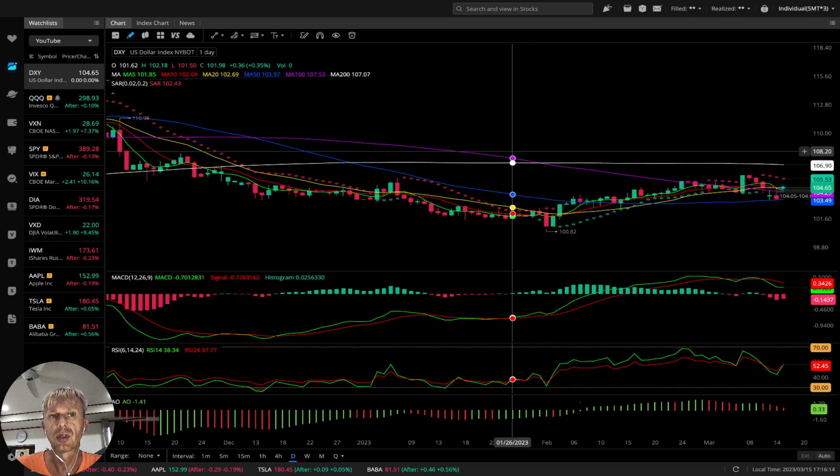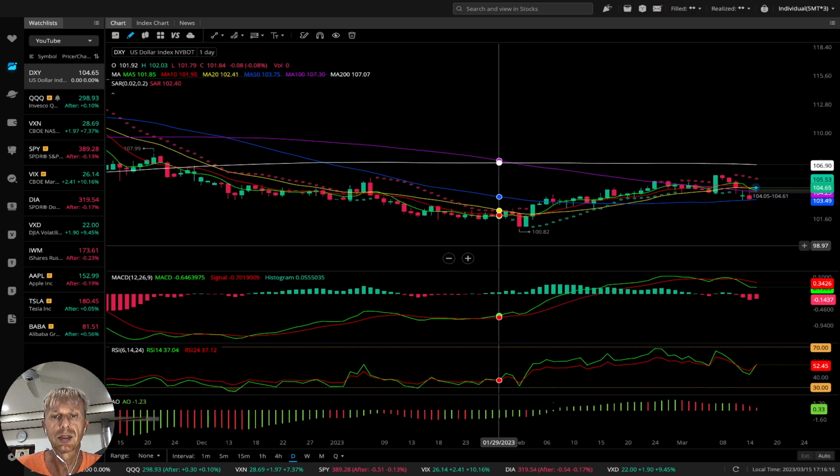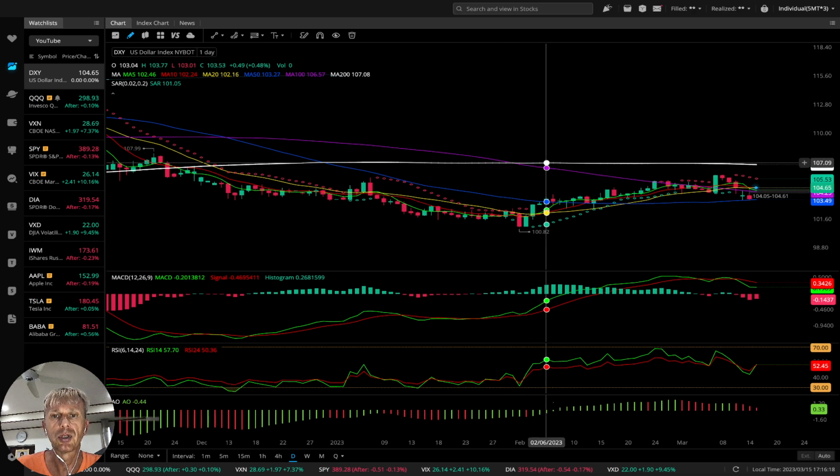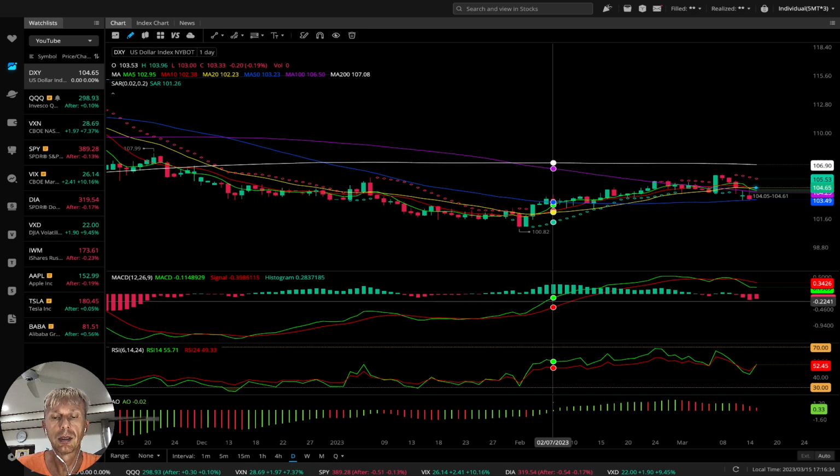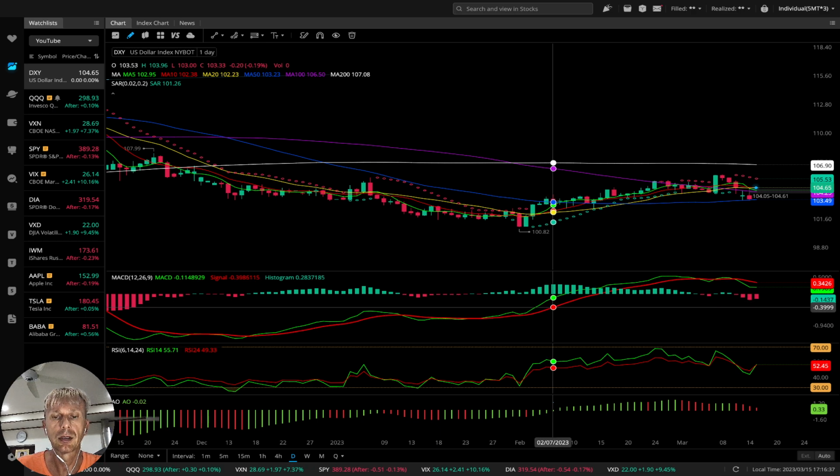Let me briefly mention my setup. It's very simple. I'm using moving averages. White line is MA 200, purple line MA 100, blue line MA 50, yellow line MA 20, red line MA 10, and green line MA 5. MACD indicator, green line, red line, signal line.